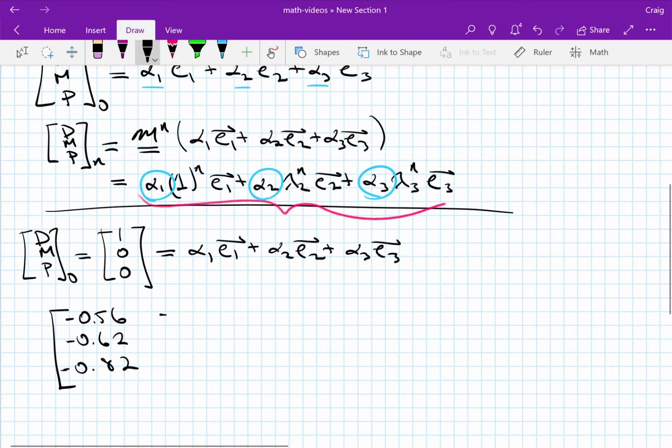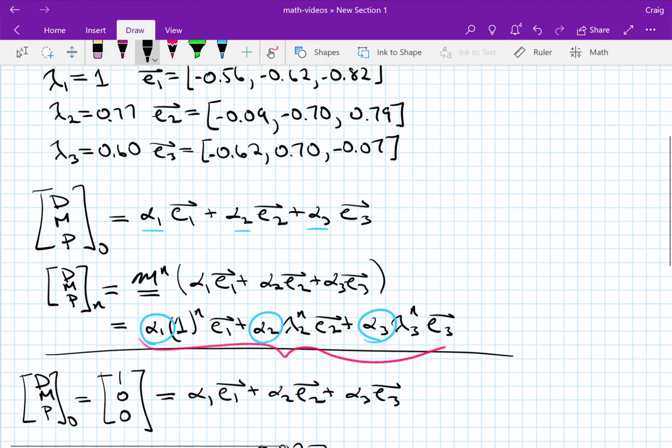E2 is minus 0.09, minus 0.70, positive 0.70, and finally E3 is minus 0.82, positive 0.79, and minus 0.07.